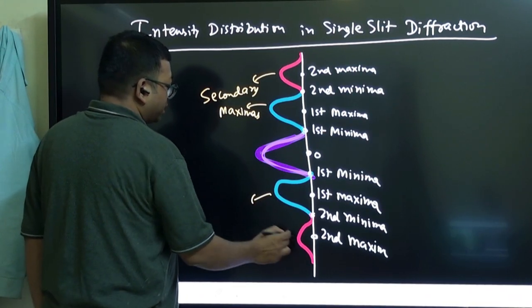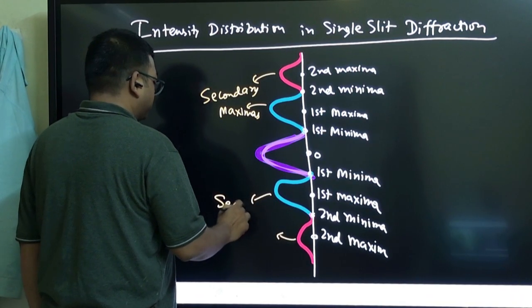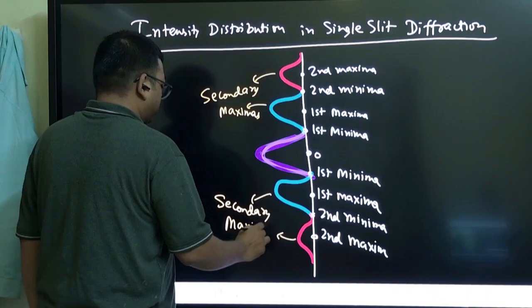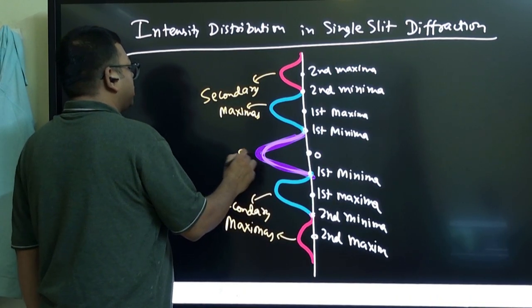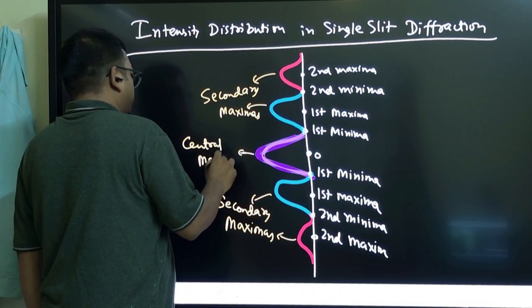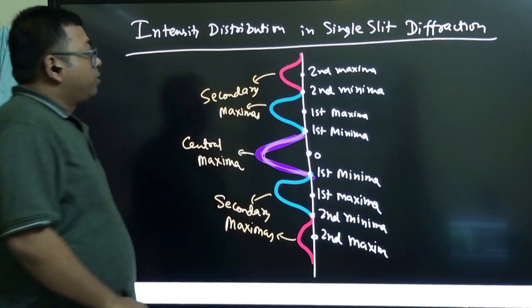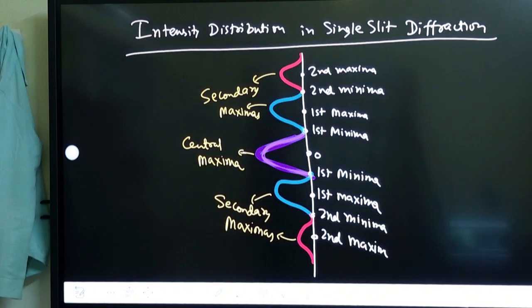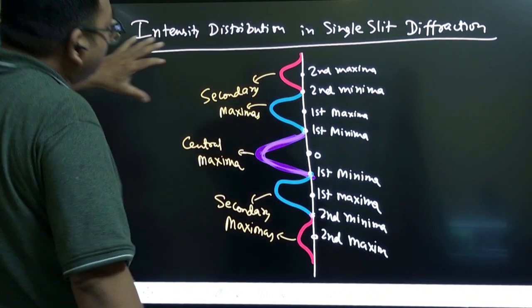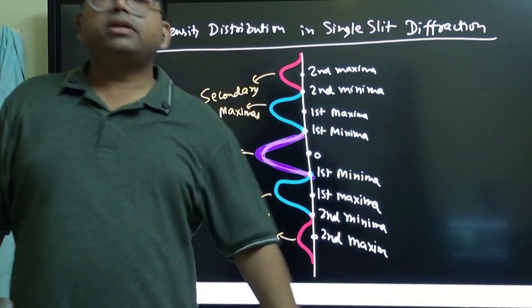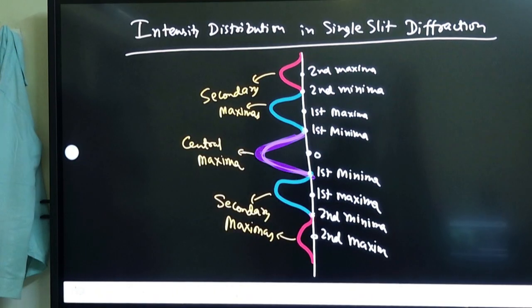Here we need to note the important thing that the intensities are not the same, whereas in YDSE all maxima had the same intensity. Here all maximas do not have the same intensity.